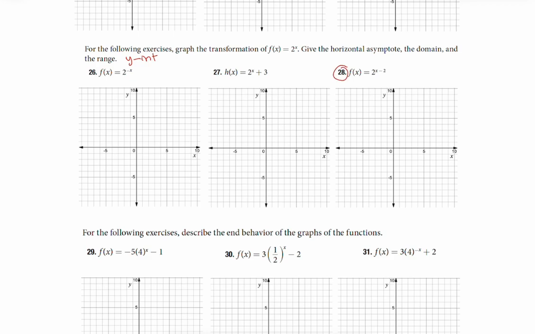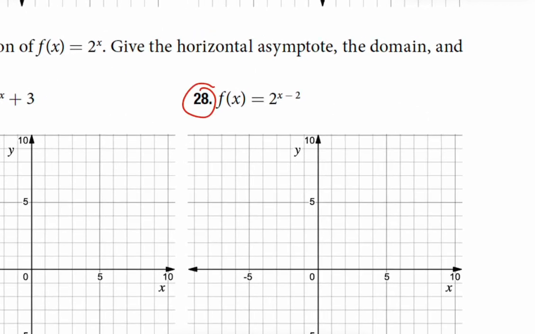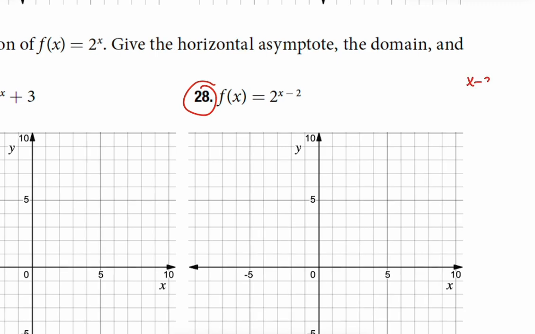The only one you have to adjust your x values, see how we have that -2? So those are the only ones. That graph has moved to the right 2 places. So I would not plug in -1, 0, and 1 for that one. So for that one, you would want to ask yourself, where will I get a number of -1, 0, and 1? And that's what you have to plug in for that one.